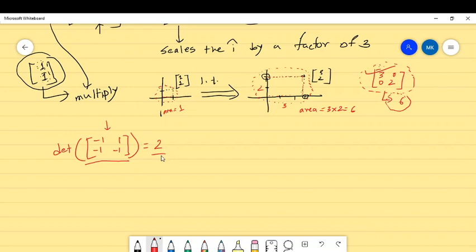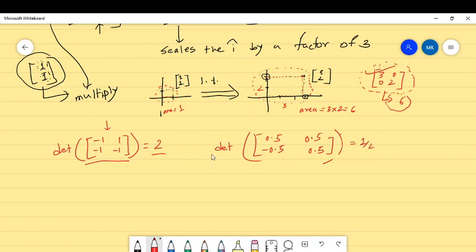That's why the determinant is 2, right? And what about this one? We will know by the end of this class how you can actually measure the determinant of a particular matrix. The determinant of this particular matrix, with 0.5 and 0.5, would be half, right?